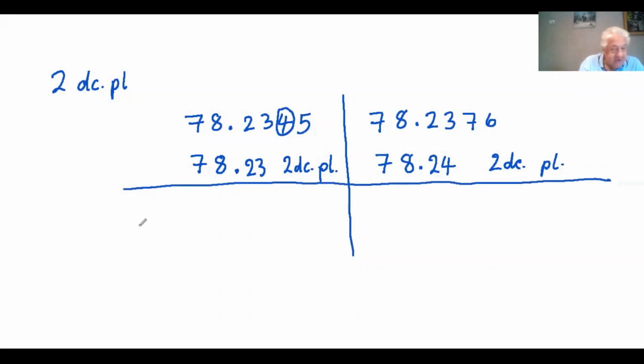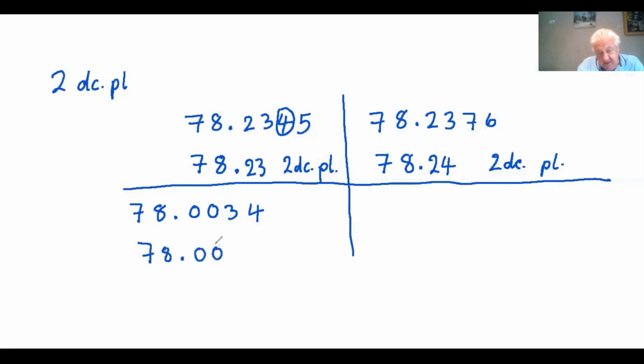Now suppose we have a situation like this. We have a number 0340, and again I want my answer to 2 decimal places. Here what I do is I include the zeros.